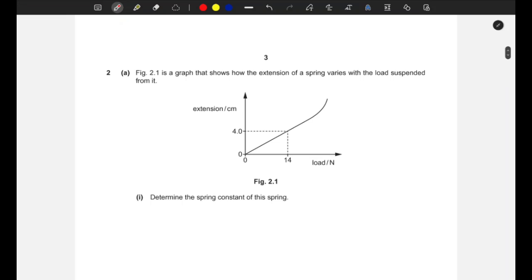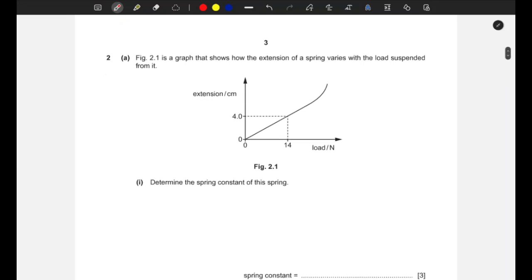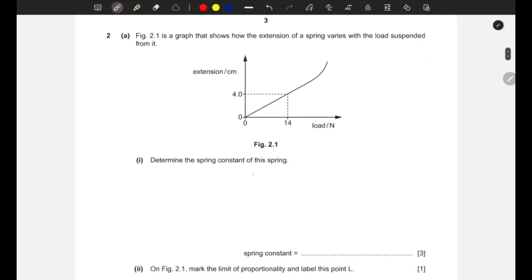Let's move on to question 2. Figure 2.1 is a graph that shows how the extension of a spring varies with the load suspended from it. Determine the spring constant of the spring. To find that, first we have to use Hooke's law. It says that the force is equal to the spring constant times the extension. So over here we have the formula, and the extension is 4 centimeters when the force is 14 newtons.